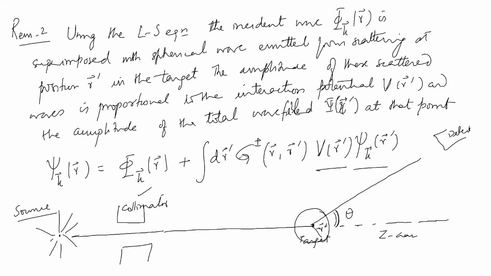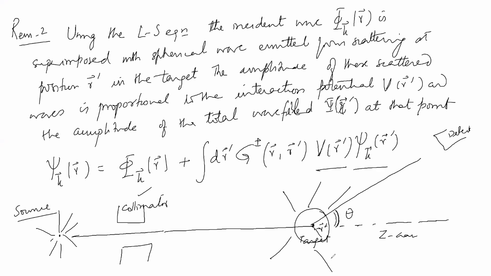You have a target and projectiles are coming, and some particles can go in this direction, some in this direction, some in this, in any direction. That can only be covered if you have a football around it, covering everything, so that you won't miss any particle.